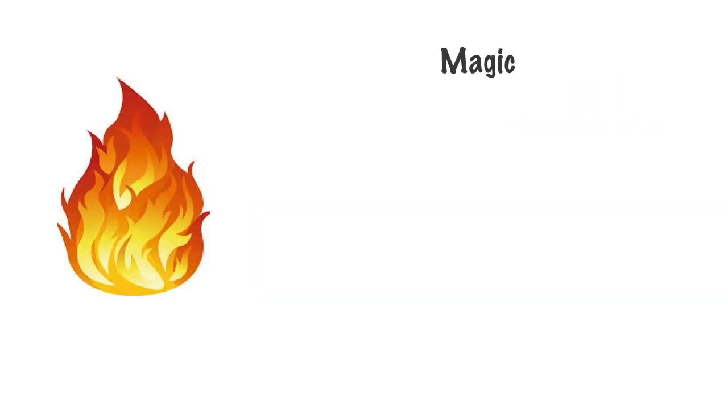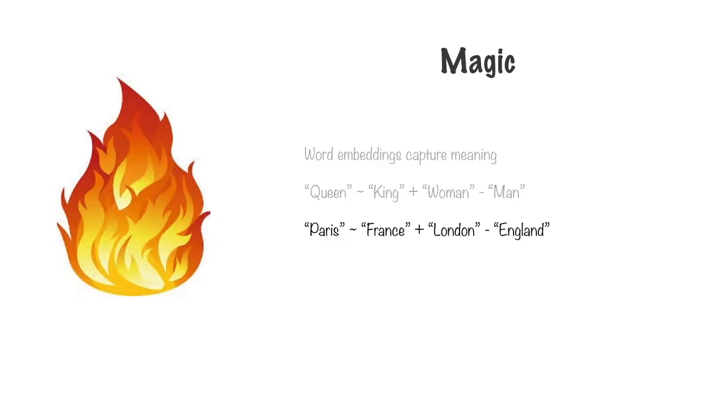These word embeddings are really kind of like magic because they capture meaning. And because these word representations are actually numbers, you can compute things with words which you didn't think were possible, things which are possible only mathematically, such as queen is equivalent to king plus woman minus man. You'll get an embedding which is close to the embedding of queen, or Paris is the equivalent of France plus London minus England.